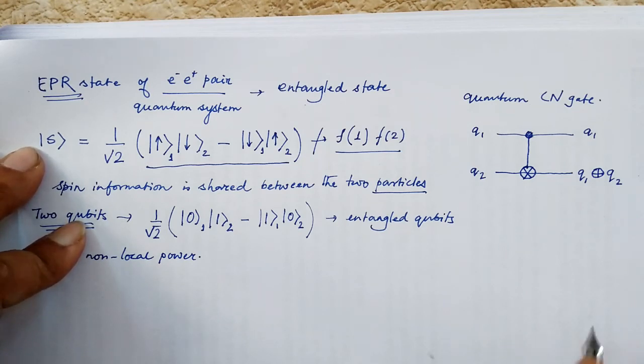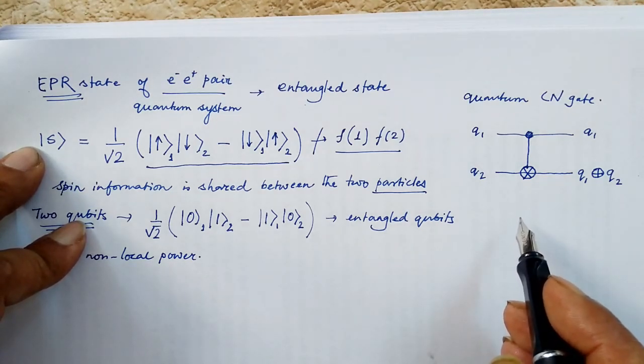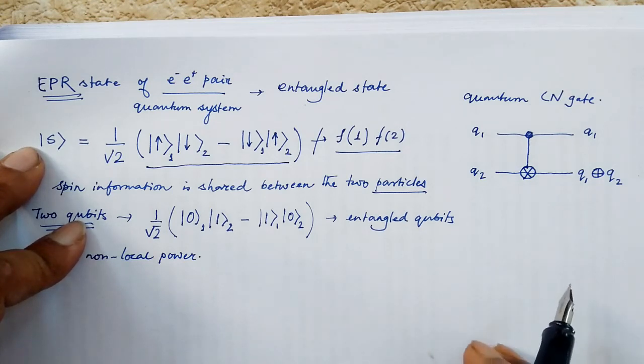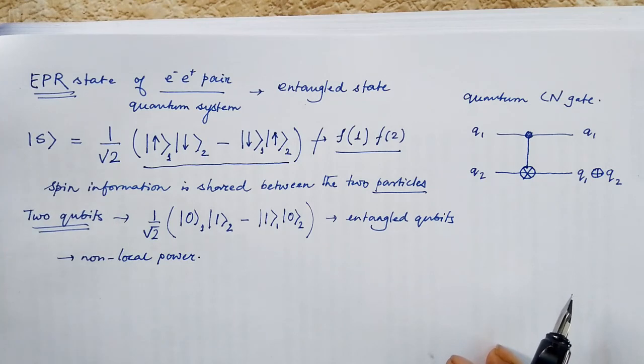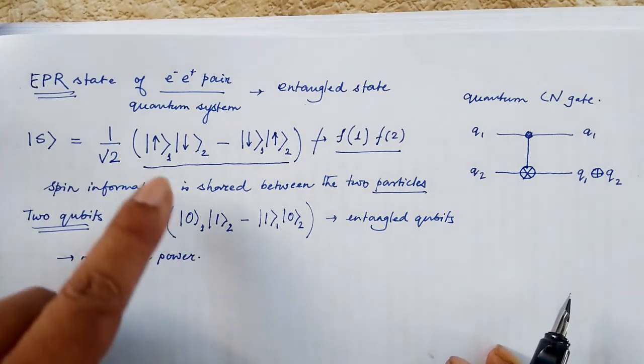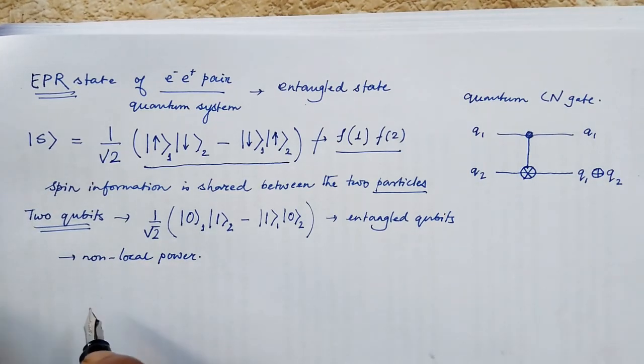Okay. Now, if we apply this transformation to a product state, then we generate precisely a state of this EPR form. So basically we say that this one is what it is.